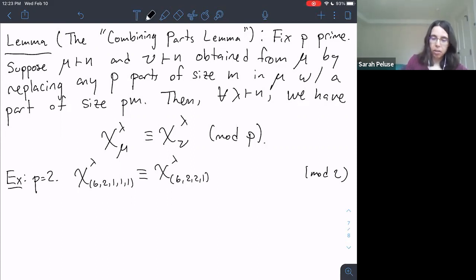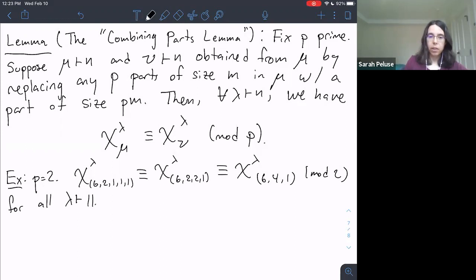So I've combined two parts of size 1 into one part of size 2. And then I can also combine these two parts of size 2 into one part of size 4. So this is true for all lambda partitions of whatever this adds up to, 11. So all these character values are the same mod 2.